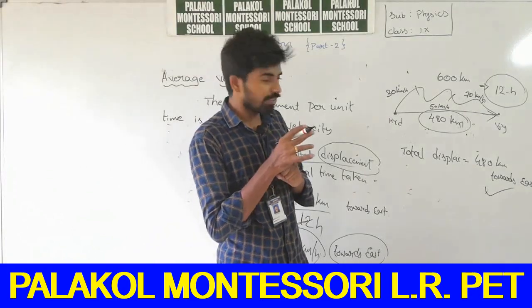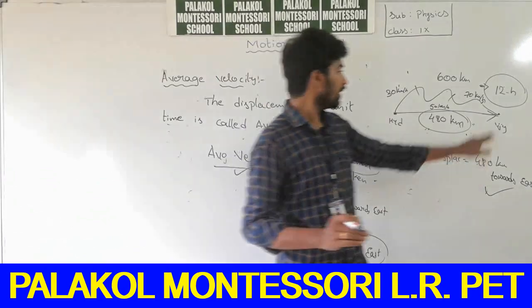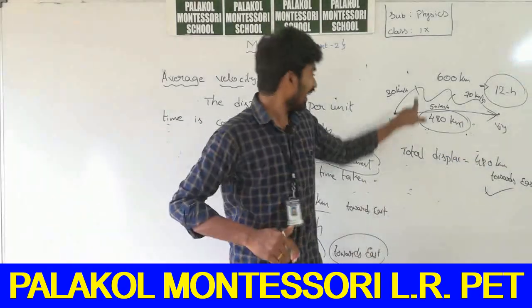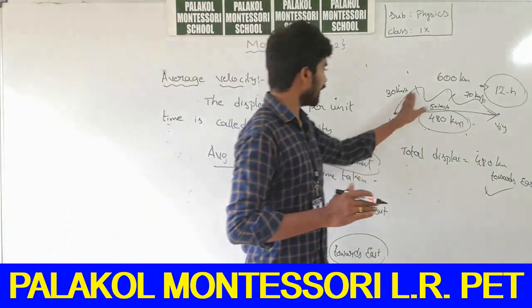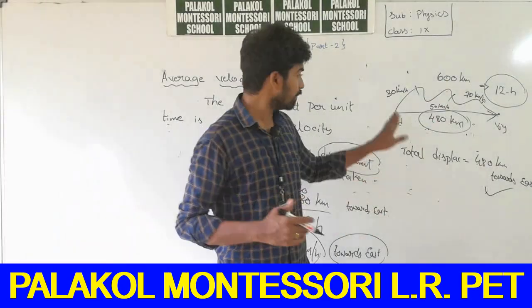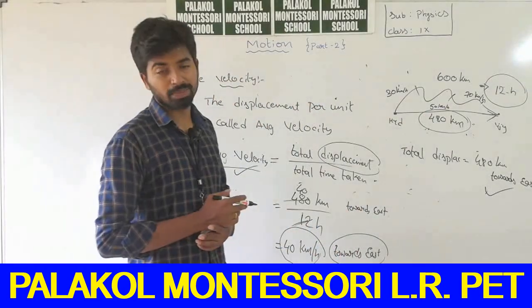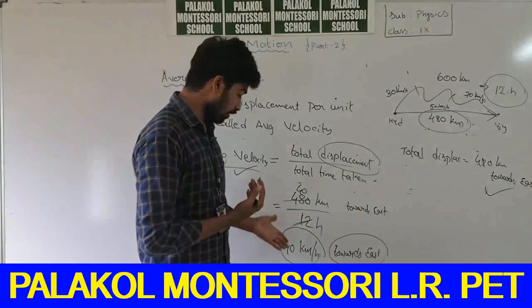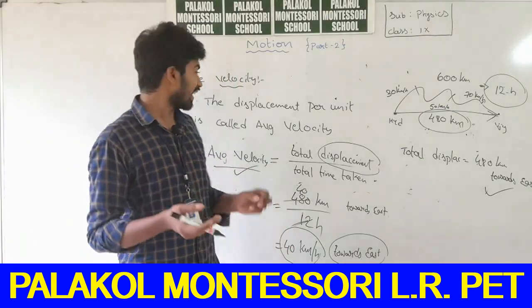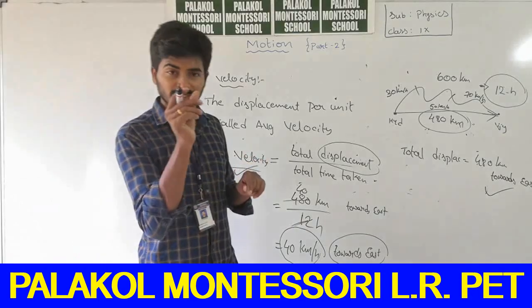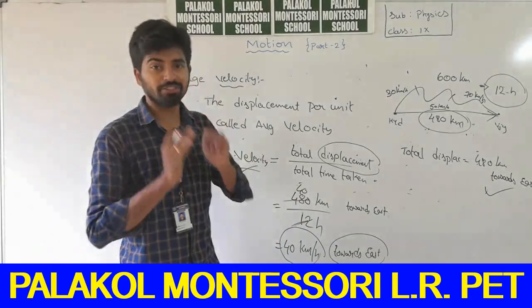At a particular instant of time, your speed may be different, it may be varying, but on average your speed is 40 kilometers per hour. Average speed and average velocity give information only for a particular period of time.